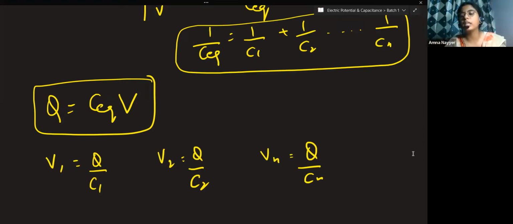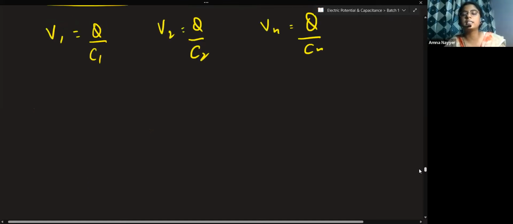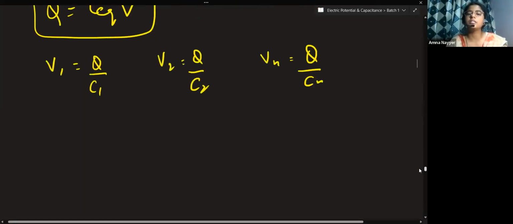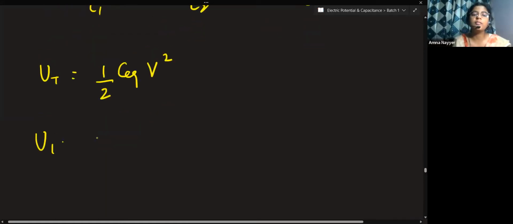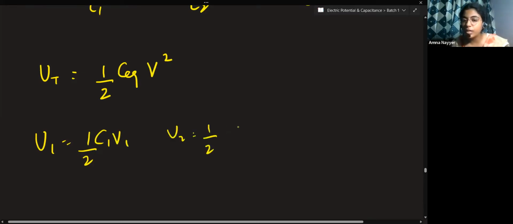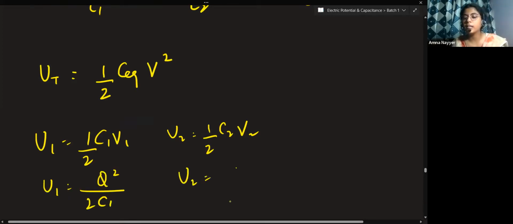Even if further detail is asked in questions, you can calculate the energies. So energy also you can write. If the total energy of the system is asked, then total energy is given by half C equivalent V square, where V is the total potential. If individual energies are asked, then U1 will be equal to half C1 V1 squared, U2 will be equal to half C2 V2 squared, or you can use this formula as well: U1 is Q square by 2C1, U2 is Q square by 2C2.